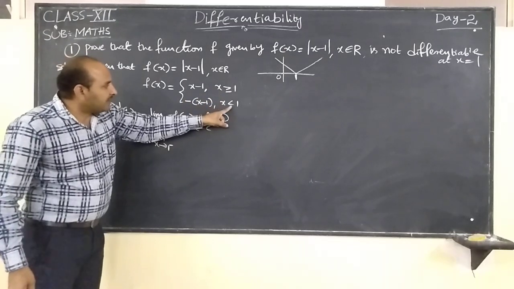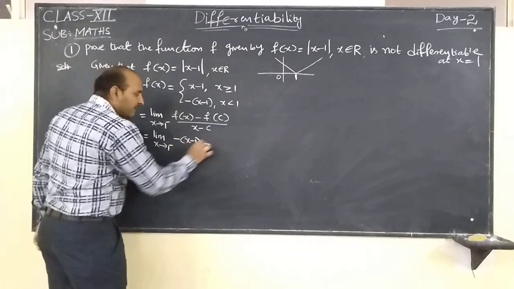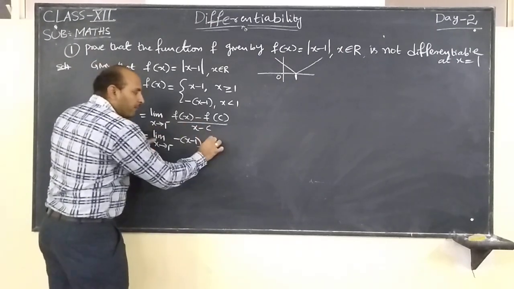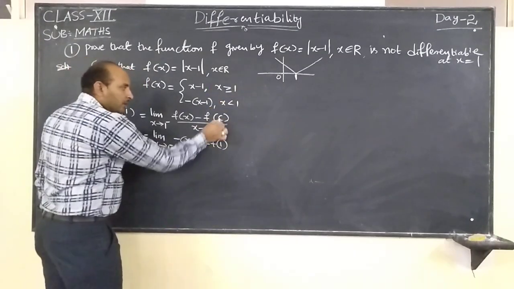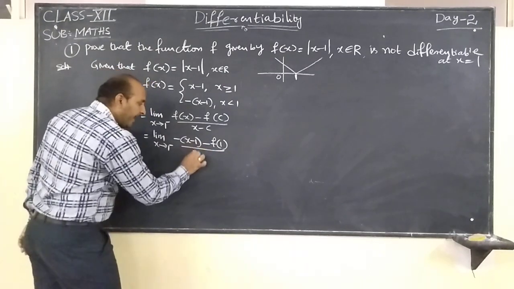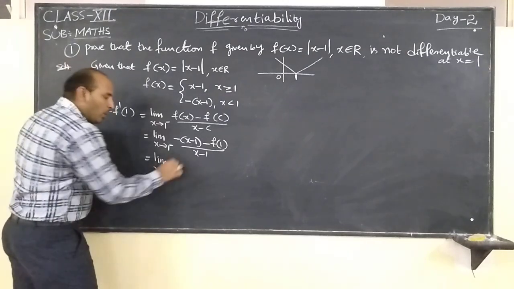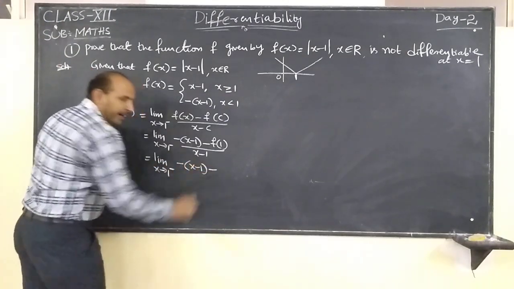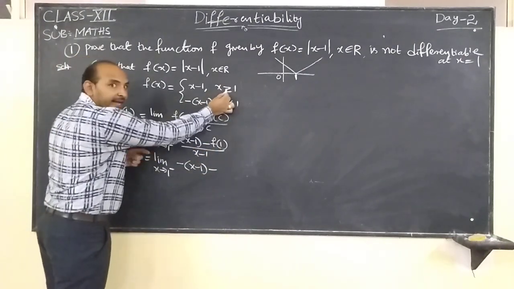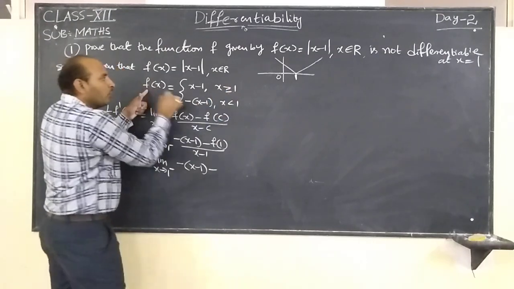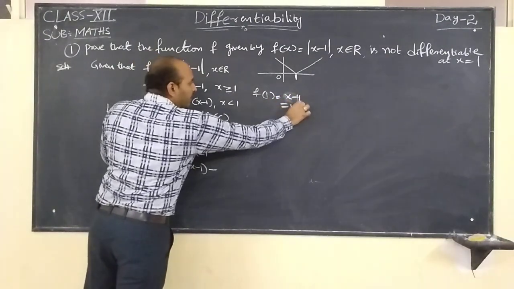What we have to take? x value less than 1 means the function is minus of x minus 1, minus f of 1, because at x is equal to 1, c is equal to 1, divided by x minus 1, which is equal to limit x tends to 1 minus of minus of x minus 1 minus f of 1. How can you write? When x is equal to 1, x value is greater than or equal to 1. When x is equal to 1, f of 1 is equal to x minus 1, which we write as 1 minus 1.